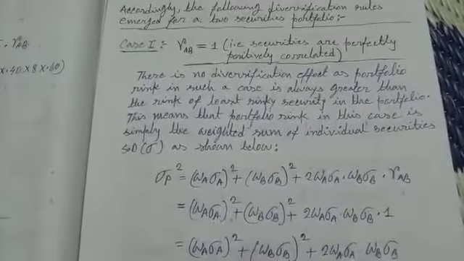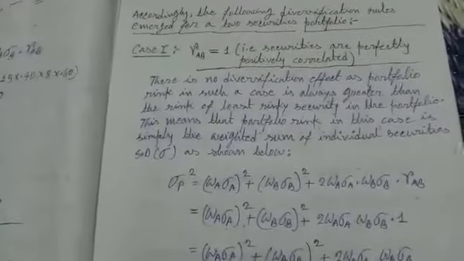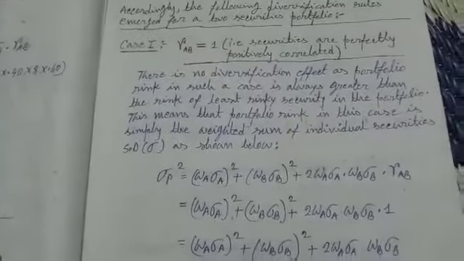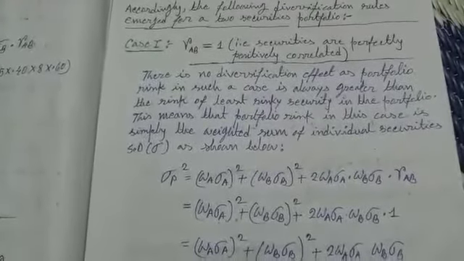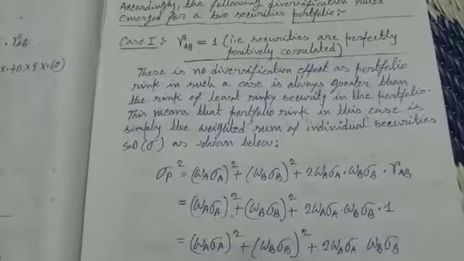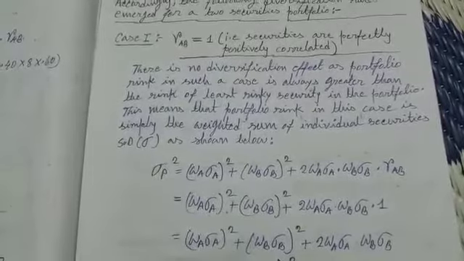Now, if RAB is equal to 1, then there will be no diversification benefit. In this case, portfolio risk can never be less than the risk of the lowest risky security contained in the portfolio. Rather, here the risk of the portfolio will be the weighted sum of the individual security risk.